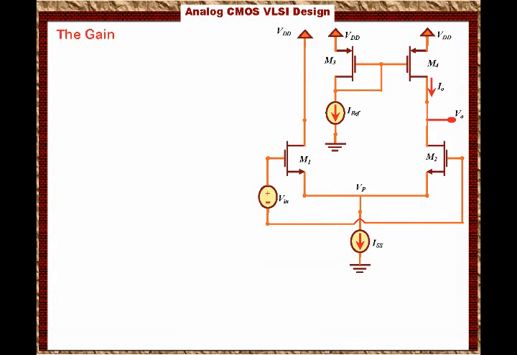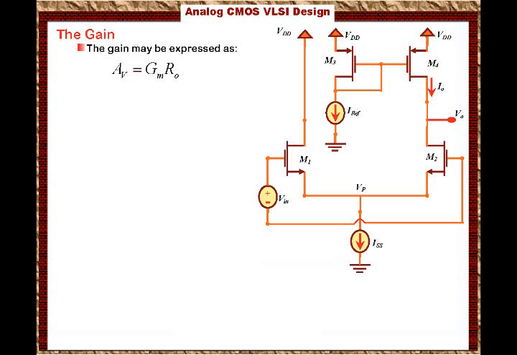The voltage gain AV will equal capital GM times RO, where capital GM is the transconductance of the amplifier, and RO is the output resistance of the amplifier, looking at it from the output.